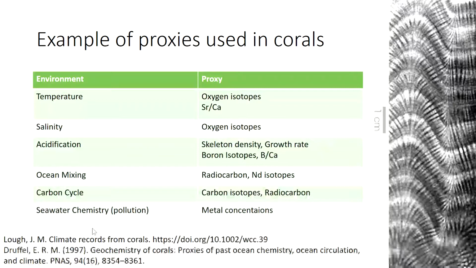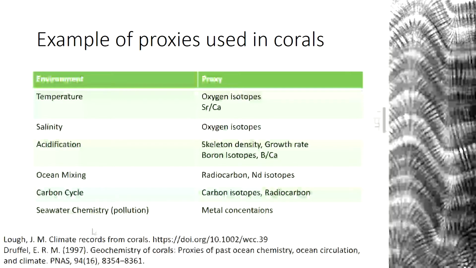We might want to reconstruct how acidic the ocean was. There are a variety of different physical properties of corals, but also chemical and isotopic measurements that we can make in those.